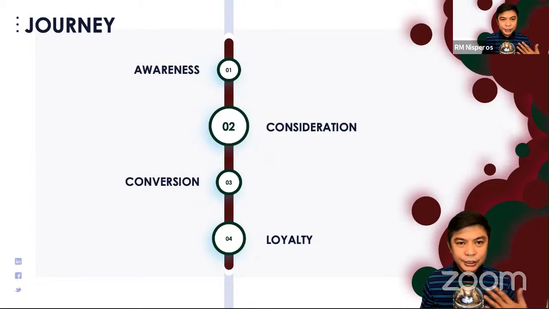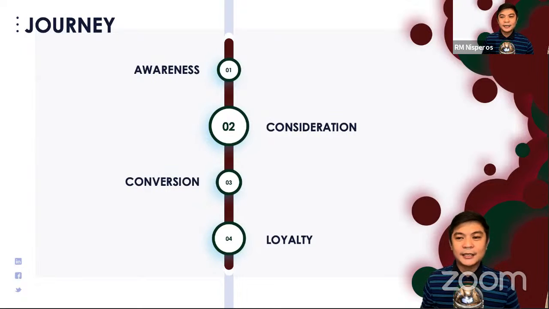And then you search, you read information, watch videos. That's the consideration stage. That is where you want to know more about the product or the service and help you decide whether to buy or not.